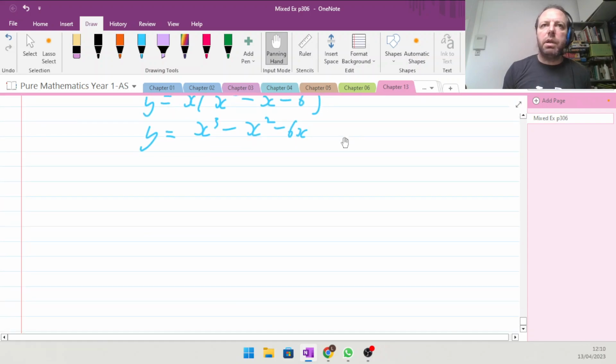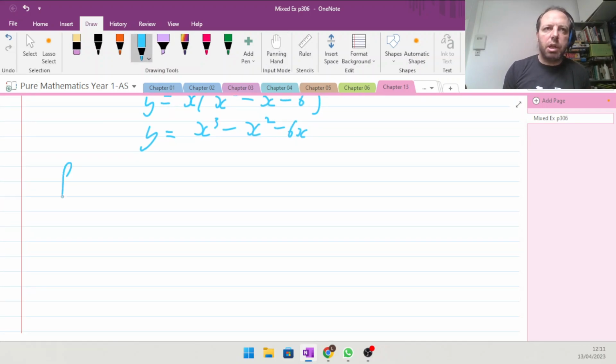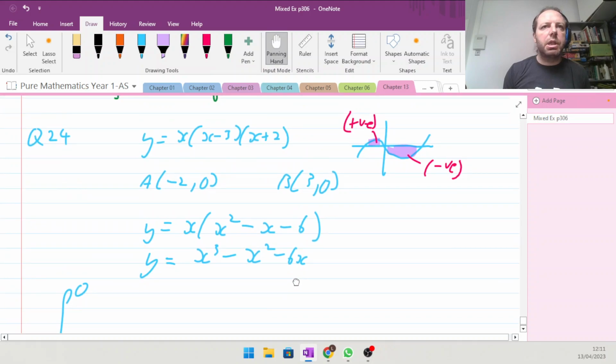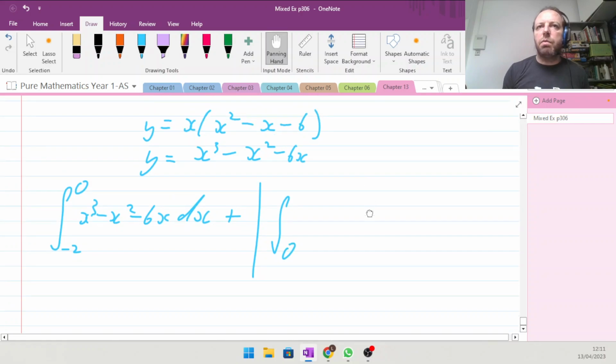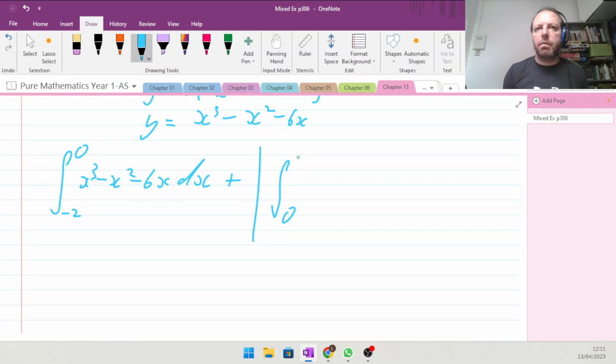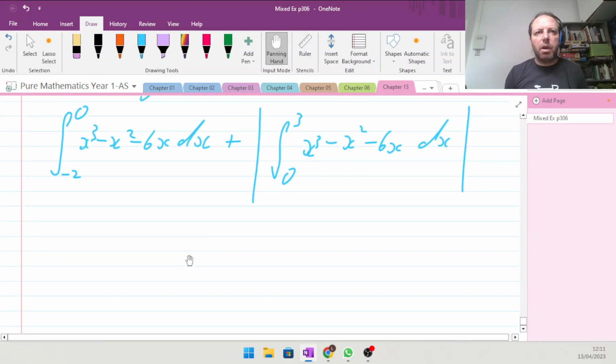Now what we are going to do is the integral from 0 to minus 2 of x cubed minus x squared minus 6x dx, plus the absolute value of the integral going from 0 to 3 of the same graph. We're taking the absolute of it, so we get the positive answer.